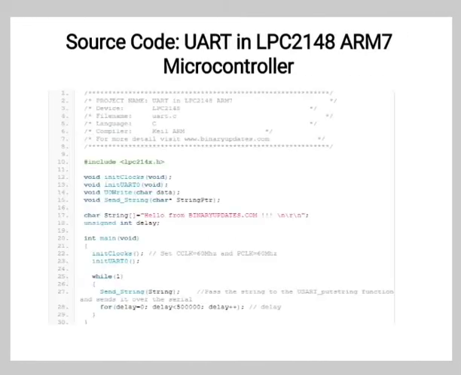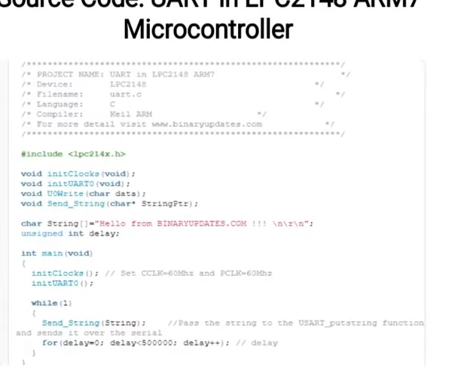So next is the source code, that is the program for UART in LPC 2148 ARM7 microcontroller. Now here the initialization is done. Here the project name is given, then the device, file name, language is C, compiler is Keil ARM. Next, #include LPC214x, void init clock, init UART0, U0 write.